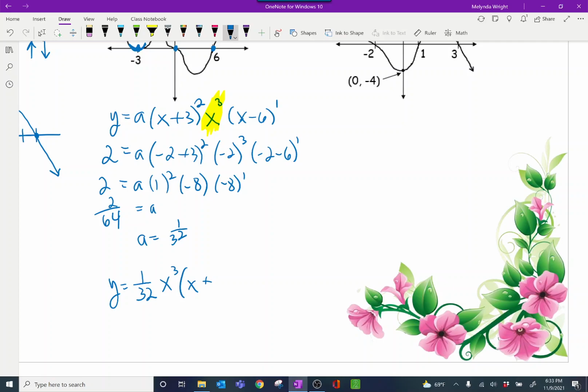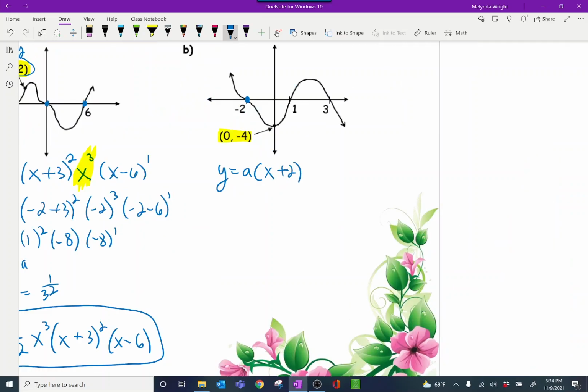Okay, looking good. So one more, same scenario. We're given a point. So since we have this point, we have no choice but to do the a thing. Okay, we got this, guys. Let's go. So we've got y equals a. Okay, so let's look at this 0. This 0 would be x plus 2, and that is a cut through, so that's a 3.